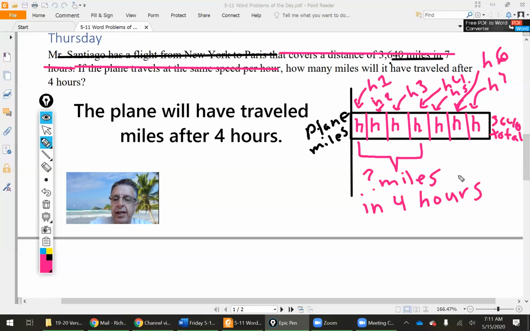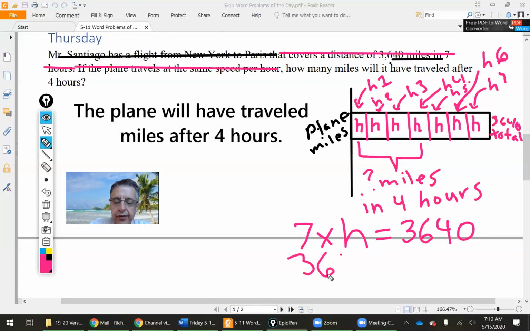I'm going to be writing it as 7 hours, 7 times that mystery variable of H equals 3,640. Another way I could say that is 3,640 divided by 7 equals H.